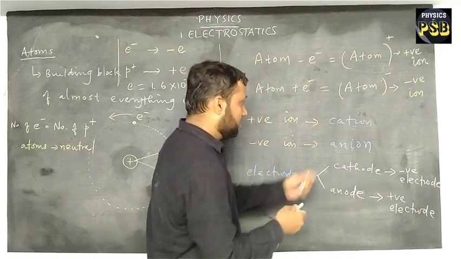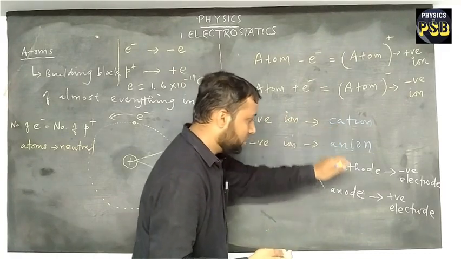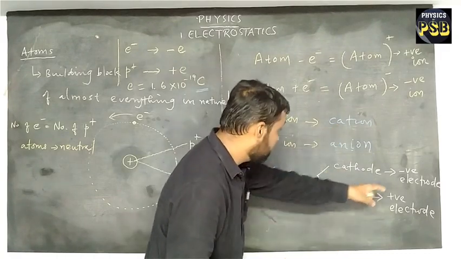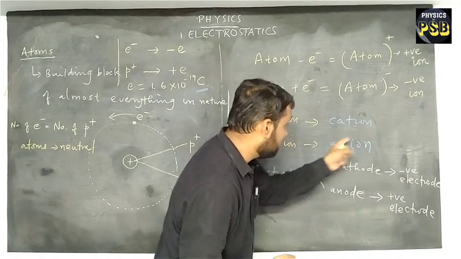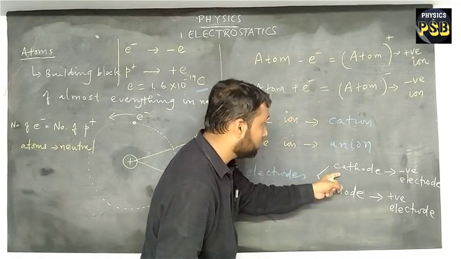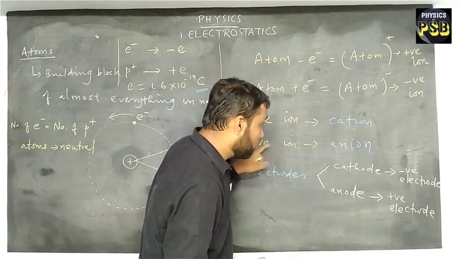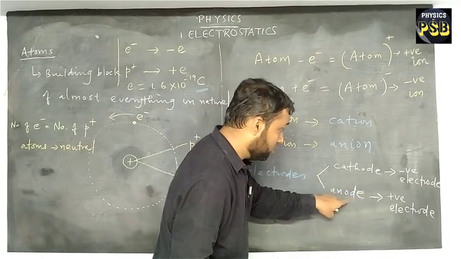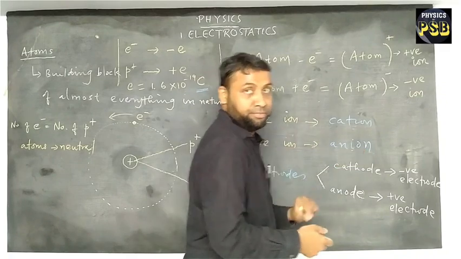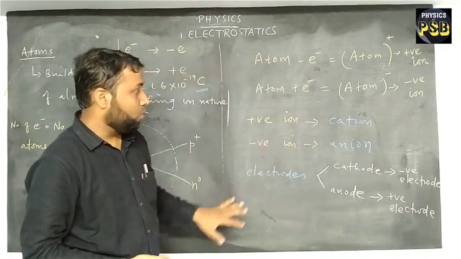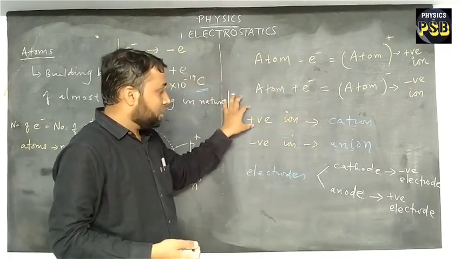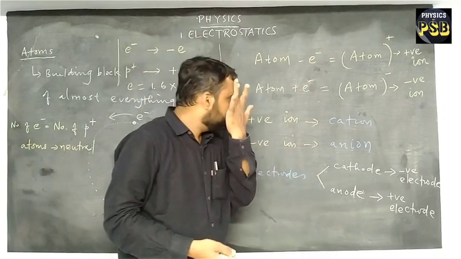The cations move towards the negative electrode, so they are named after cathode as cation. Negative ions move towards the anode, so they are named anion. I hope you have understood why the positive ions and the negative ions are named this way.